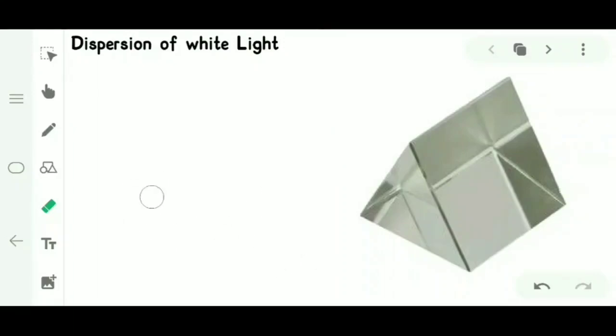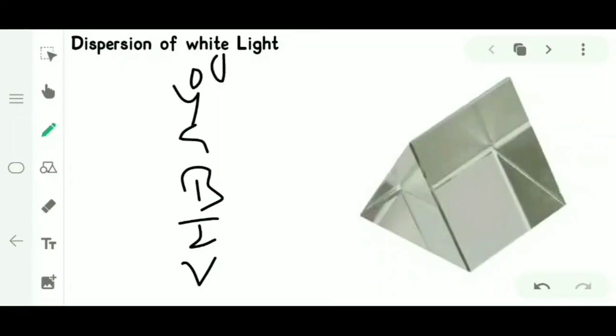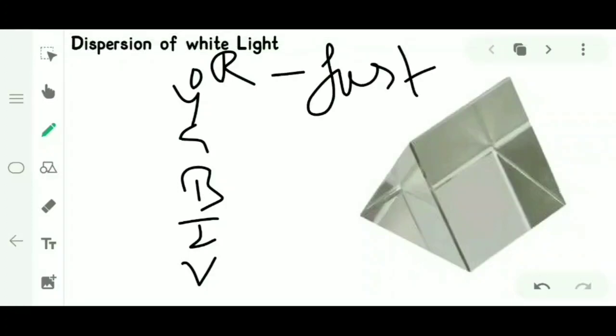So according to velocity, V I B G Y O R: red is the fastest and violet will be the least, and the others are in between. So R is the fastest color.